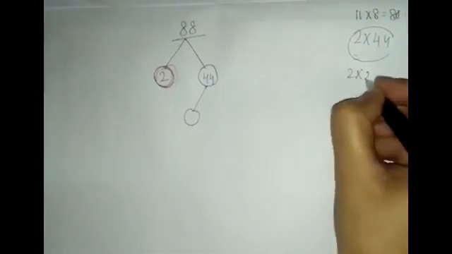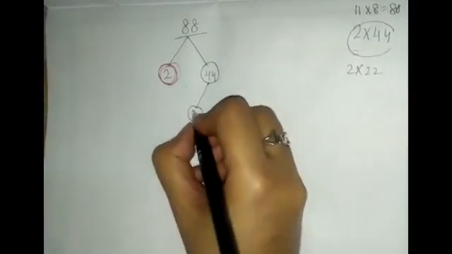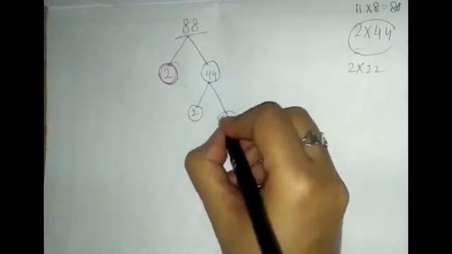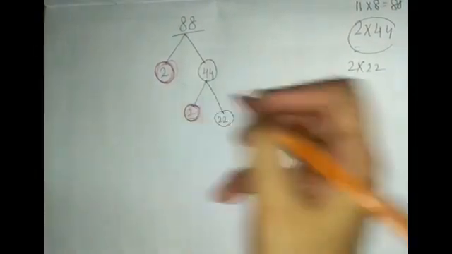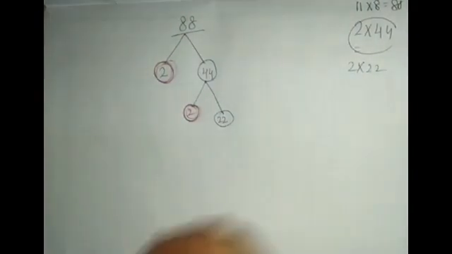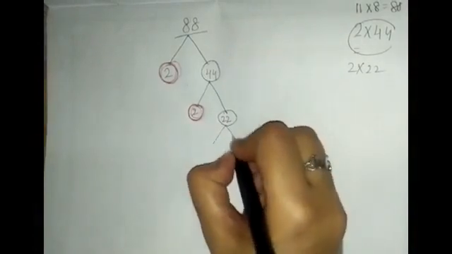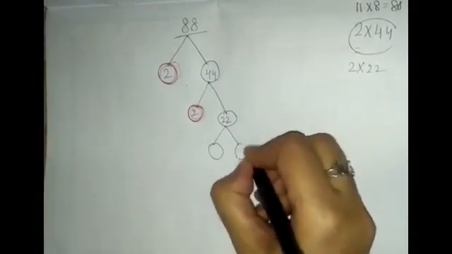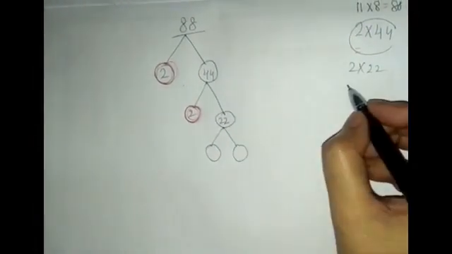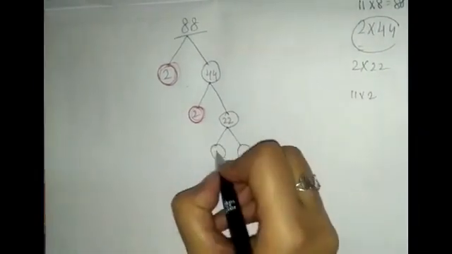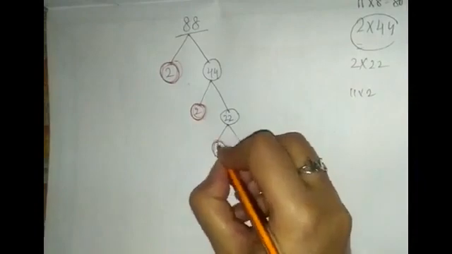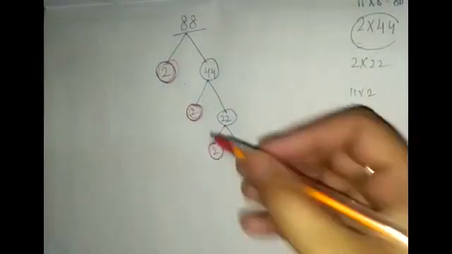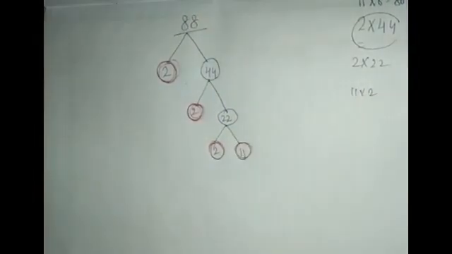I'm writing here 2 and 22. Again 2 is a prime number. 22 is a composite number. We will split this further. It is 22 now, 11 into 2. 2 is a prime number. 11 is also a prime number. That means you have to stop now.